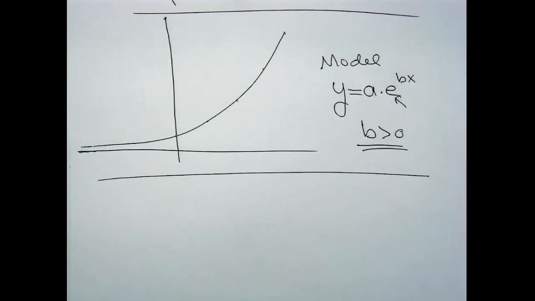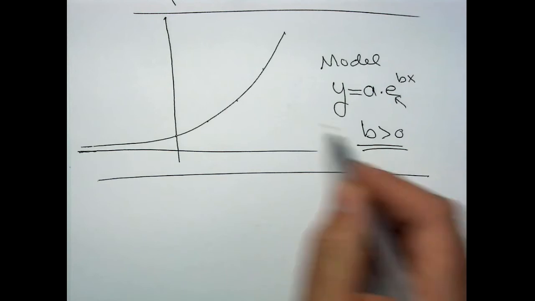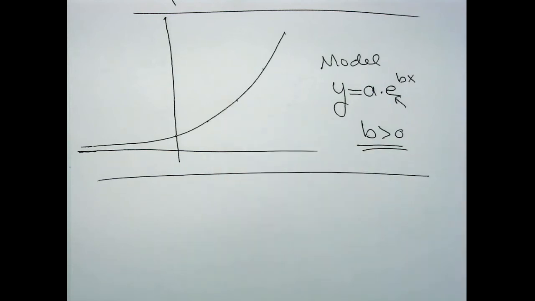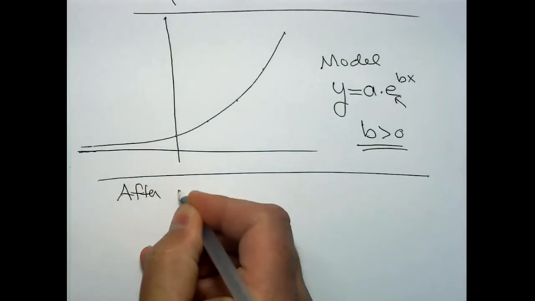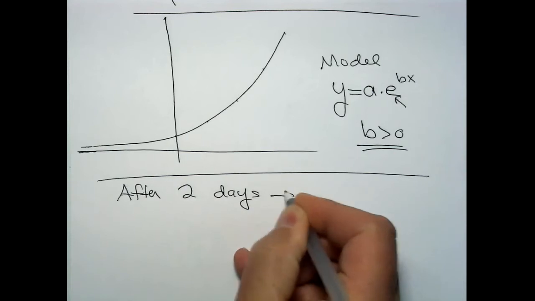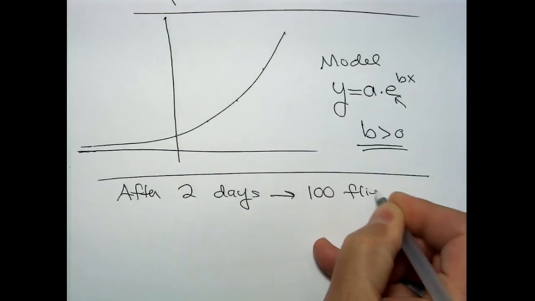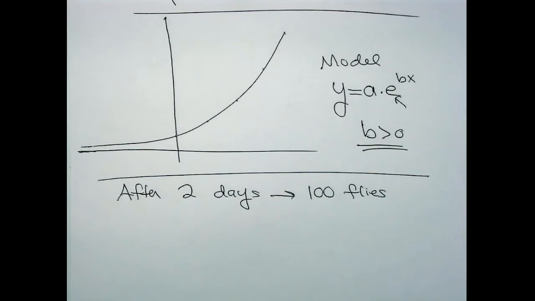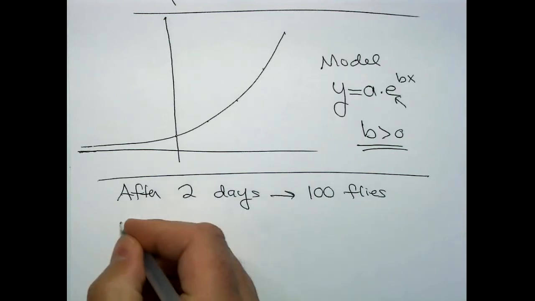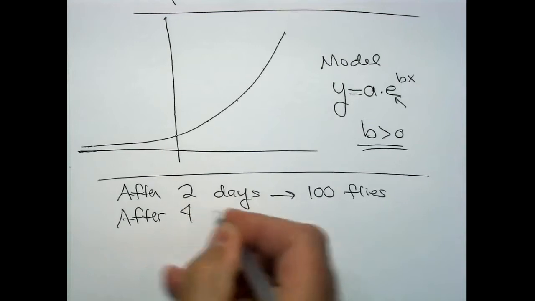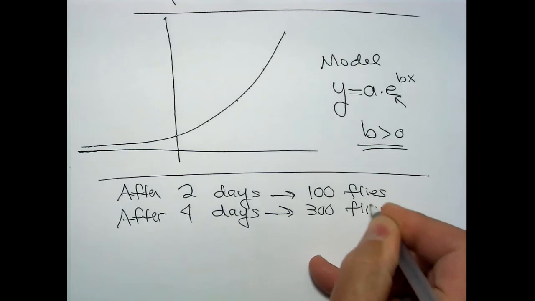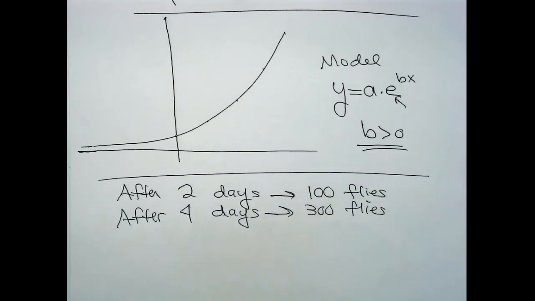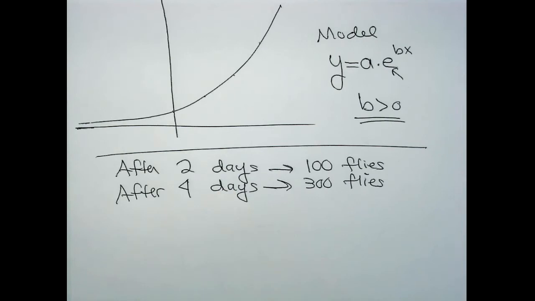A and B can be any value really, but B does need to be positive to ensure that you get growth. Let's see what it says. After 2 days, there are 100 flies. After 4 days, there are 300 flies. So obviously, the population is growing, but they are saying it's growing based on this exponential growth model.